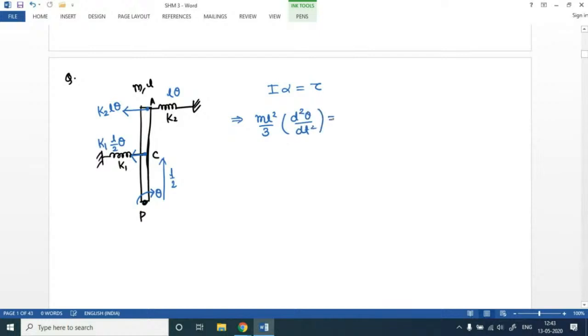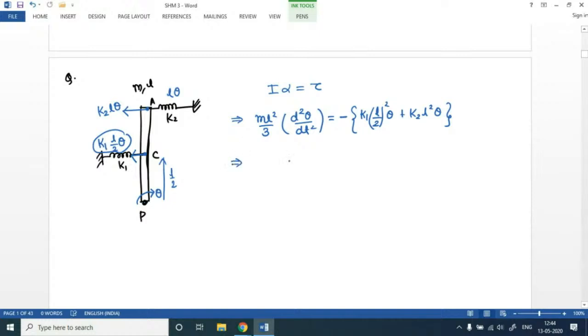And tau, you should realize, is the restoring torque, so there would be a negative sign over here. The torque due to this force would be this force into this arm, so that would be k1 L by 2 theta into L by 2, which you can write as L square by 4 like that. And the other torque would be K2 L theta into L, so that would be K2 L square theta. So this is the form we have got.